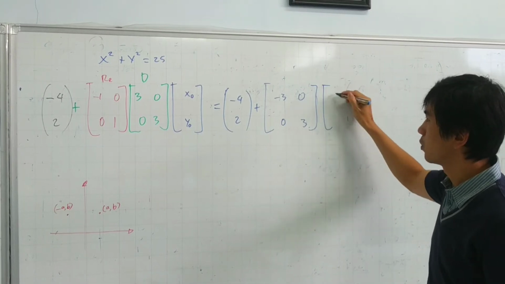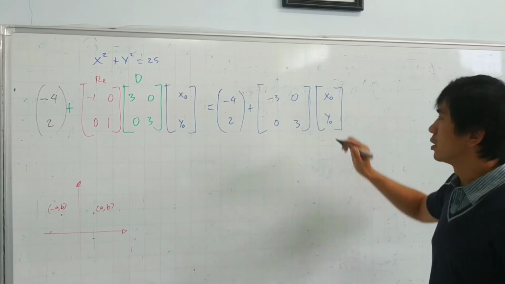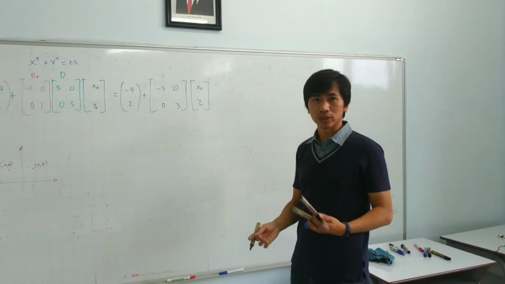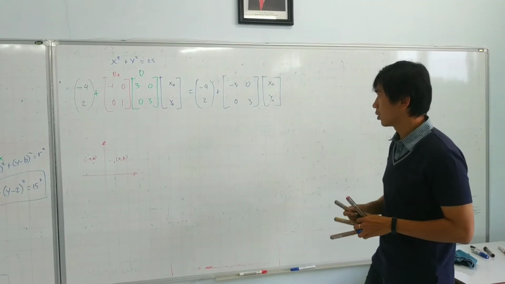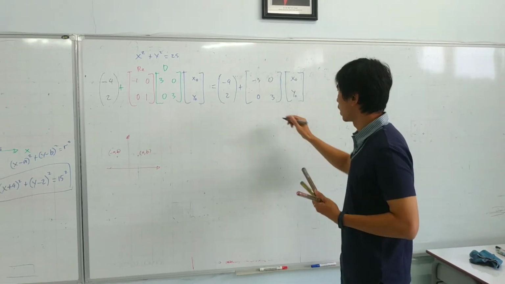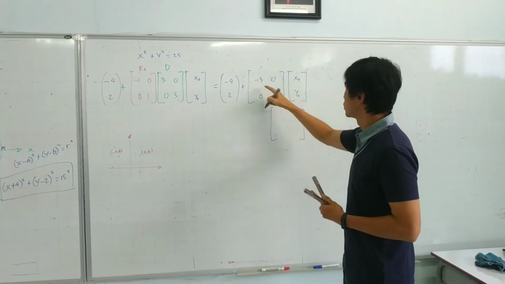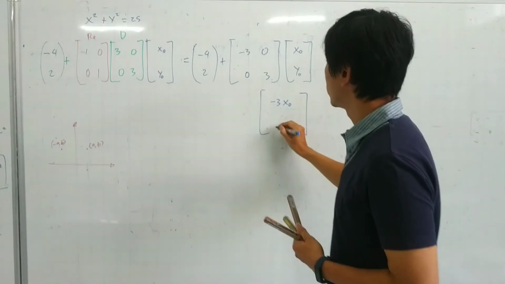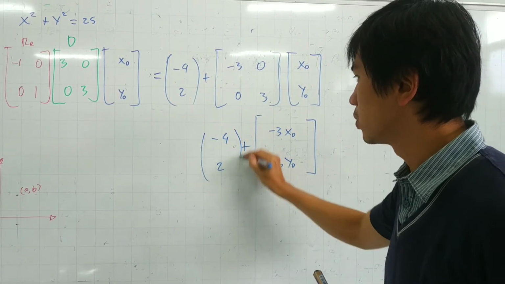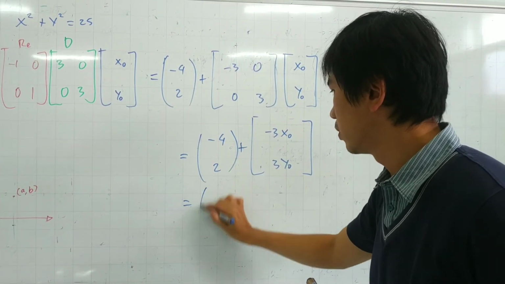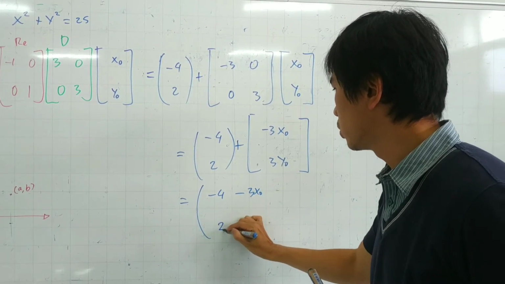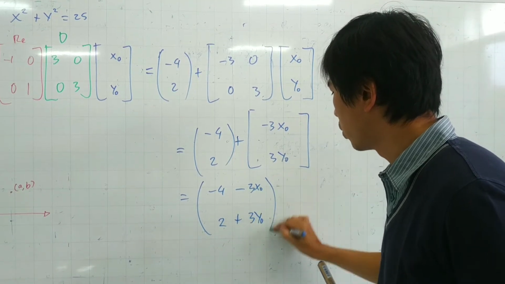And over here, we have xo, yo. The goal is to get x prime and y prime, which is the image, the post image. Yeah, so when we multiply it, this will be negative 3xo, this will be 3yo, using the matrix multiplication. You have negative 4, 2, and then we'll have negative 4 minus 3xo, and then we have 2 added with 3yo.